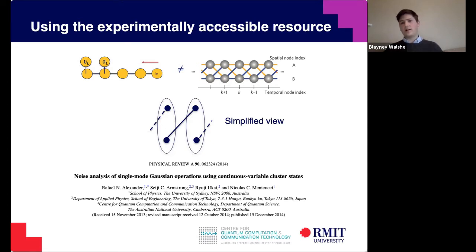Now, at this point, I'll point out that this is a one-dimensional cluster state, even though it's like a two-dimensional grid, it's a one-dimensional cluster state. But all the two-dimensional cluster states that have been made, those ones I was showing you earlier, they all reduce down to the one-dimensional case. So everything I talk about in terms of this macronode wire can be mapped towards those higher-dimensional cluster states as well.